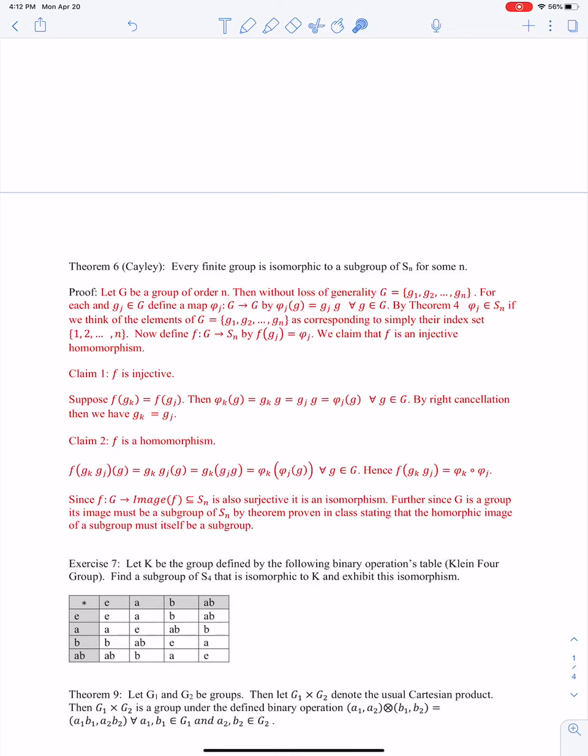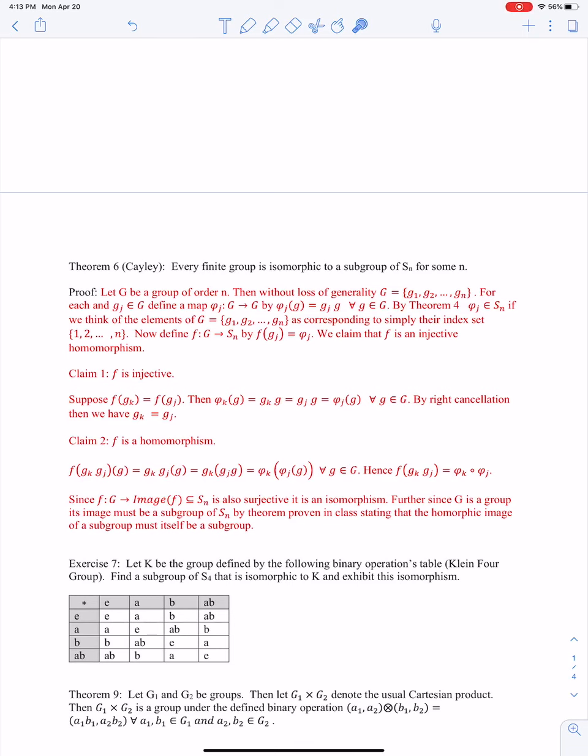So the map going from G to the image of F is surjective, it is a homomorphism, it is injective. Therefore, it is a bijective homomorphism, which is an isomorphism. So F going from G to the image of F is an isomorphism. What does that say? G is isomorphic to the image of F.